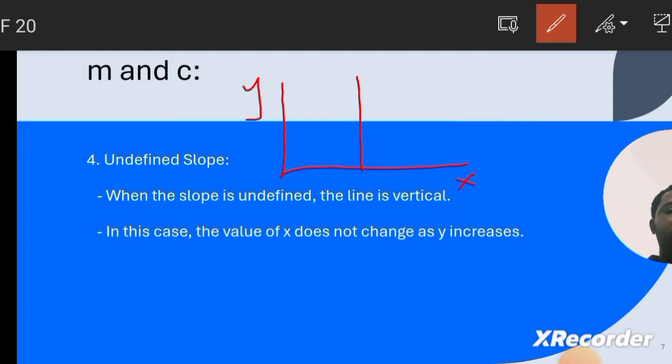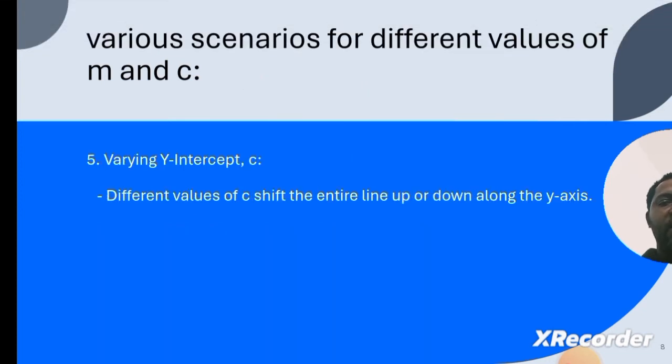We are not going to deal with that in this video. We are concerned with case 1 and case 2, positive slope and negative slope. Now we have the next, which is varying y-intercept c.